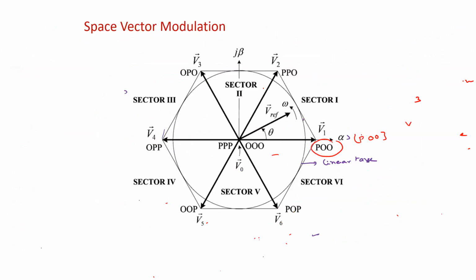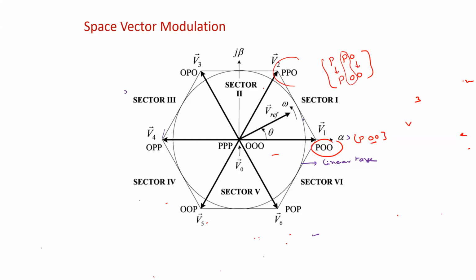P0 means the A phase is connected to the positive bus, so the upper switch is on, and the two bottom switches, the B phase bottom switch and the C phase bottom switch, are on. If you observe the vector V2, this is PP0 and this is P00. The A phase remains the same, the C phase remains the same, and the only change is that the B phase state is changing here.